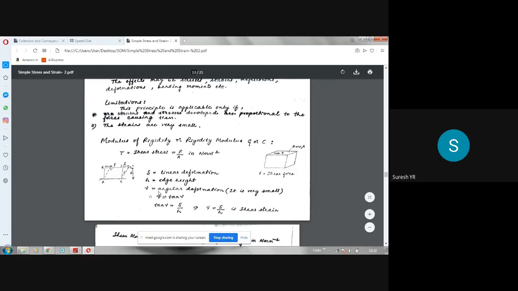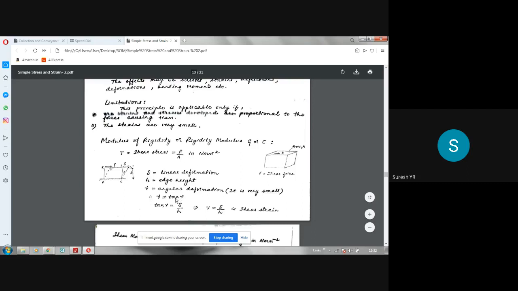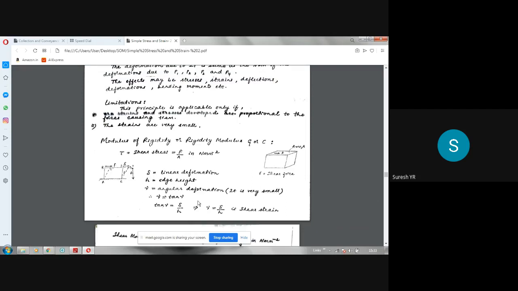This identity holds good when gamma is very small, in terms of 0.01, 0.001 radian. So gamma should be in radians. You might have learned this identity in mathematics already. When theta is very small, sin theta can be equated to theta, tan theta can be equated to theta, and cos theta will be equal to 1. That is the identity we are using here.